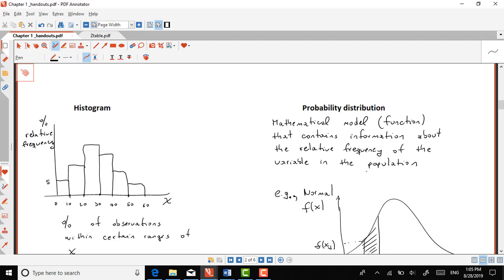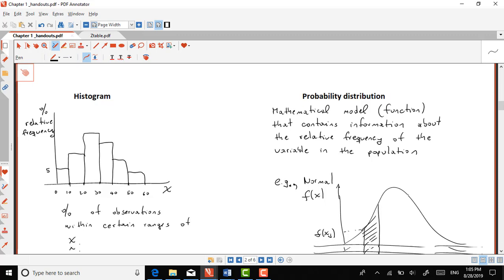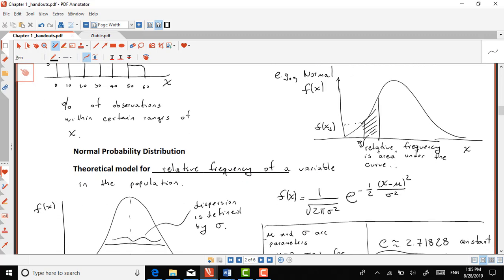Since we're always talking about the relationship between the sample and the population, in the previous class we talked about the concept in the sample and the related concept in the population. It was a review of those concepts that I'm sure you've seen in the past.